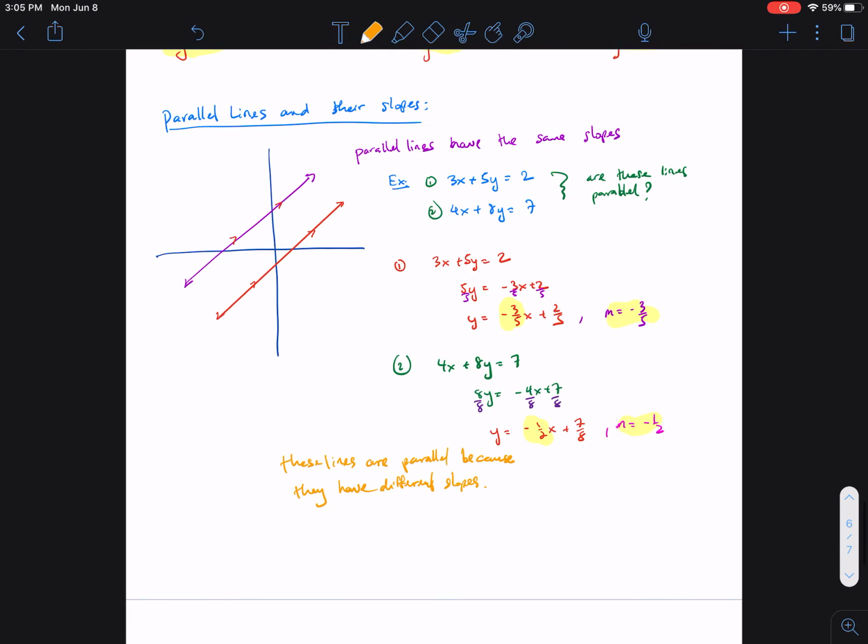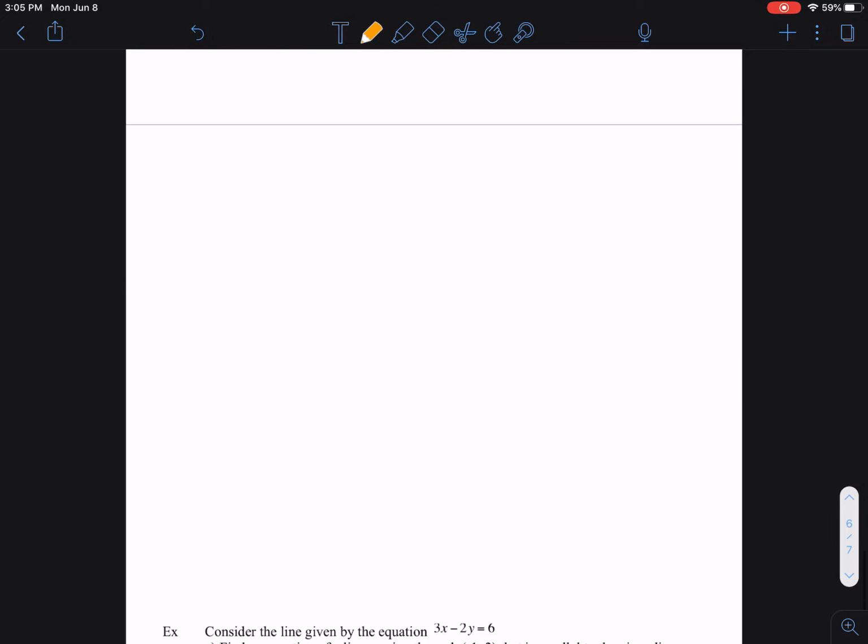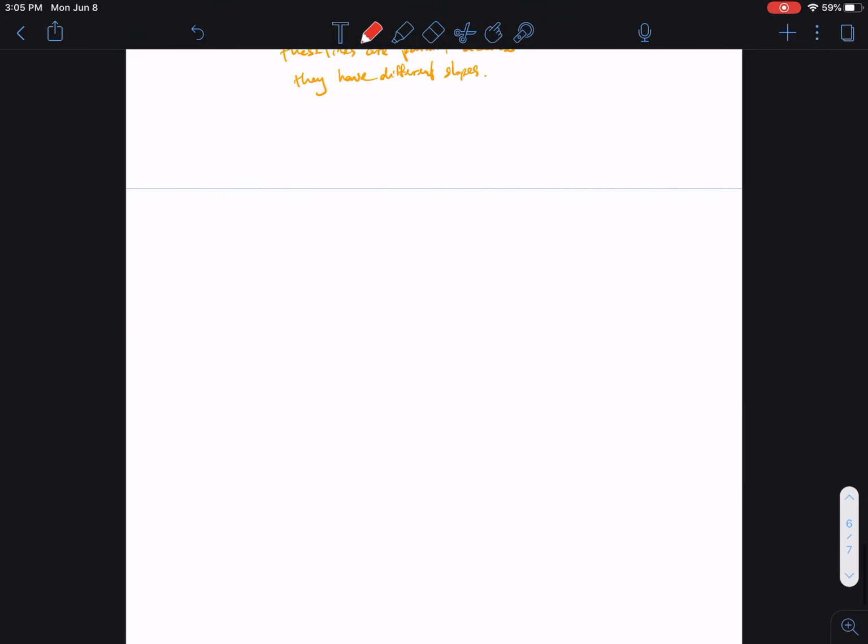Okay, moving on to perpendicular lines and the slopes. What do I mean by perpendicular lines?